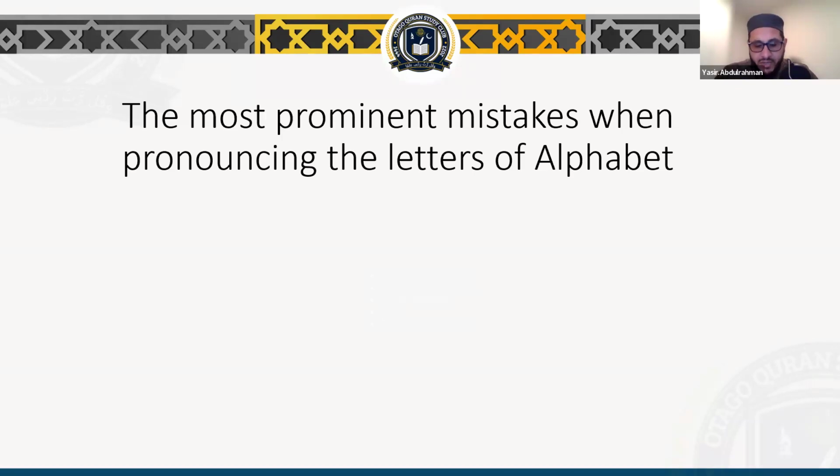The first one is changing it into a ghain or an indefinite oral sound. So indefinite is when some people just make it like Ar-Rahman Ar-Rahim, like this. The ghain is Ar-Rahman Ar-Rahim, right?